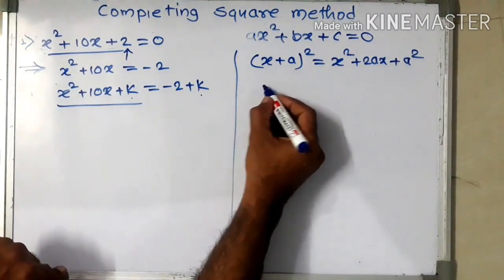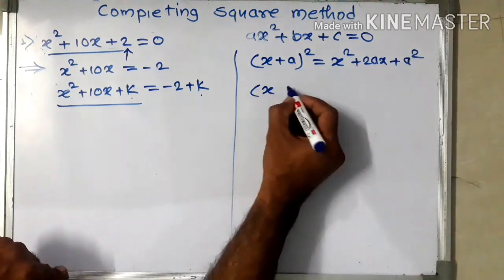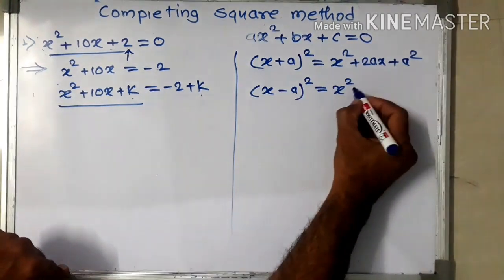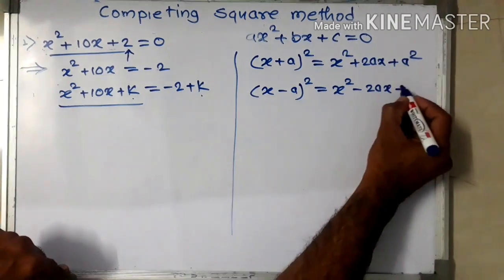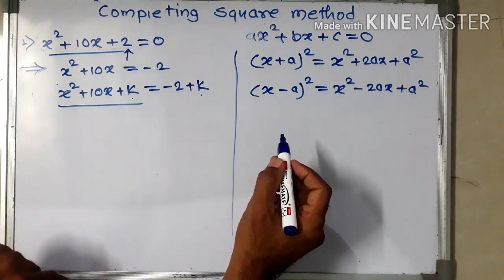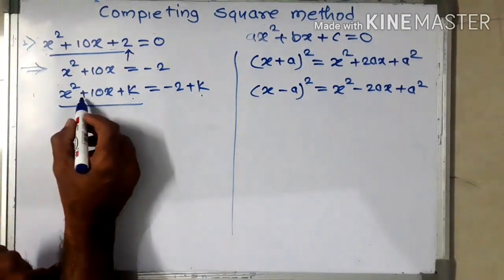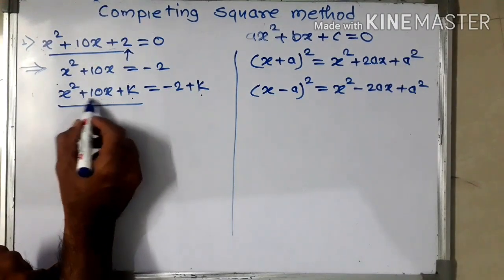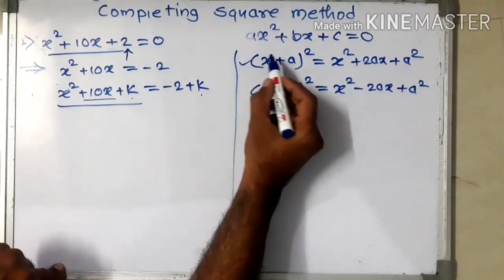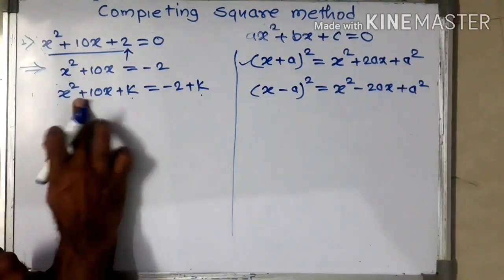We already know about it. The second identity is (x minus a) whole square equals x square minus 2ax plus a square. Out of these two identities we have to use one of them. Here look at the sign of the middle term, plus sign, so you must use the first identity here.